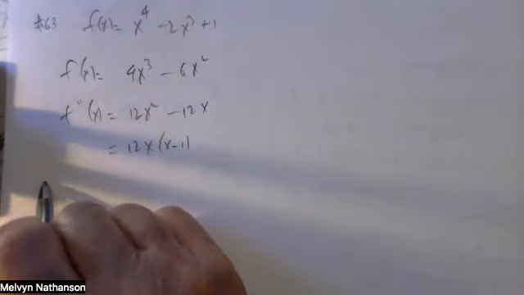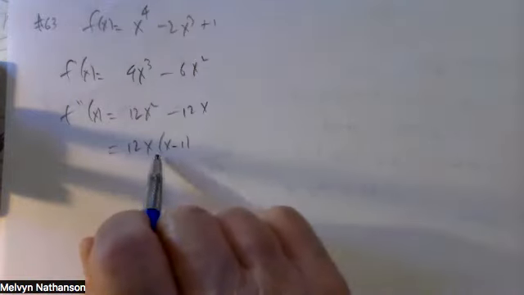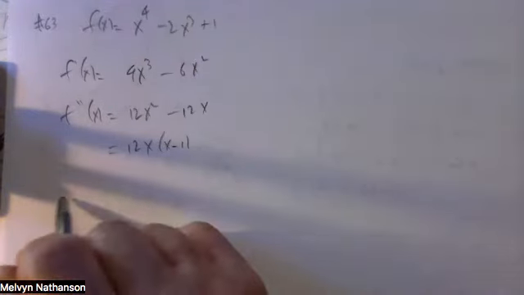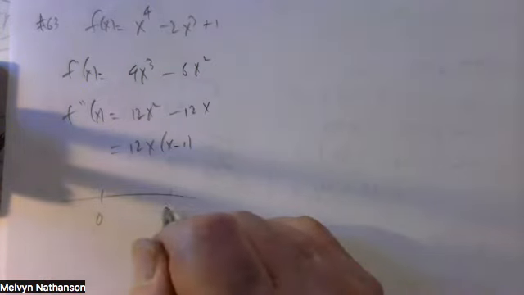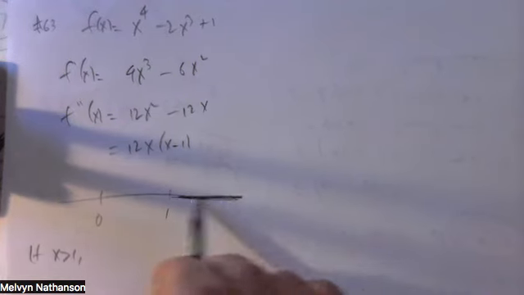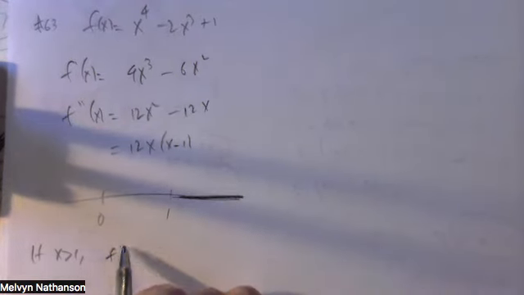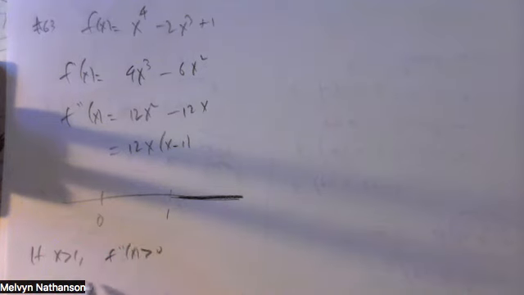So this is 0. That's 0 and 1. If x is bigger than 1 here, f double prime of x is positive, and the curve is concave up.